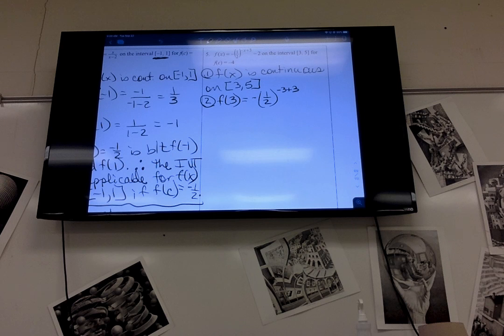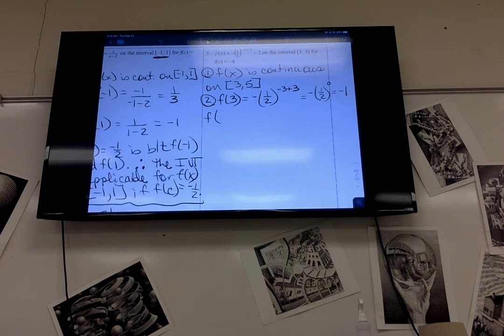No, it'd be negative 1/2 to the 0. Anything to the 0 is 1, and then there's a negative out in front of it. I thought it was negative 1/2. If the negative was inside the parentheses, then yes. So then f of, what else are we finding?